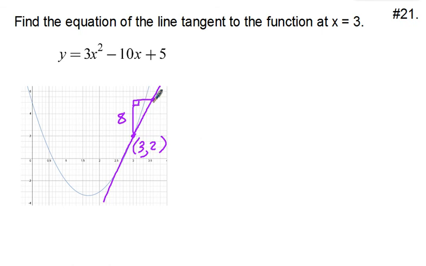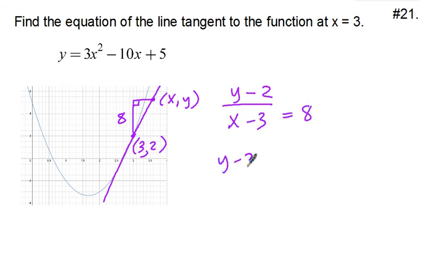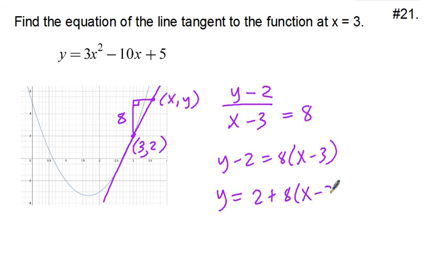So if we choose a general point (x, y) and use the slope formula, we should be able to get an equation for this tangent line. y minus 2 divided by x minus 3 should give 8. And so y minus 2 is 8 times x minus 3. And so y is 2 plus 8 times x minus 3.